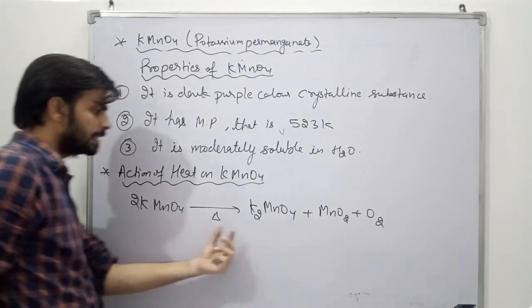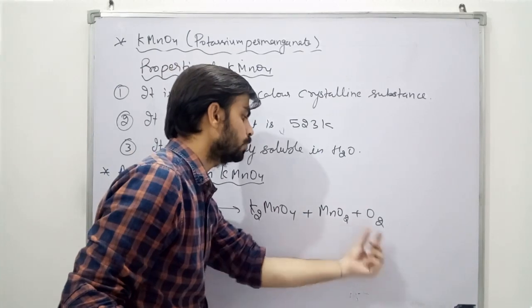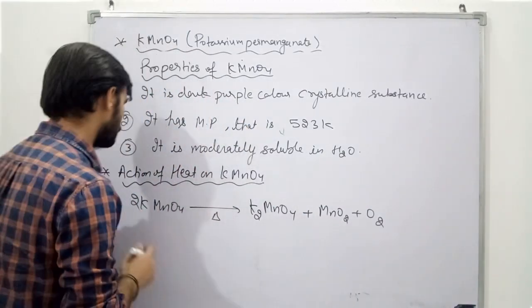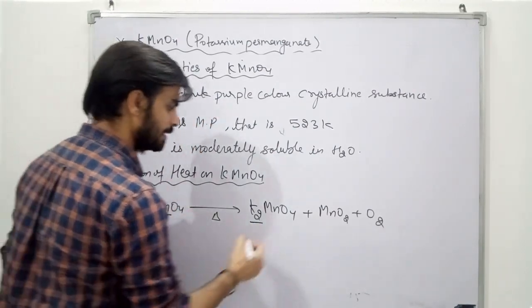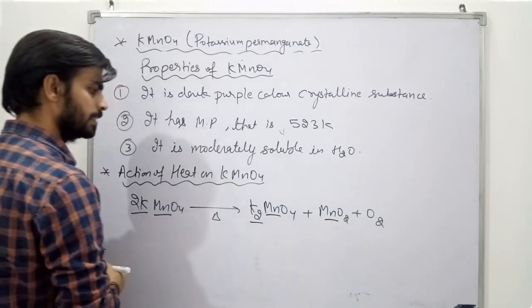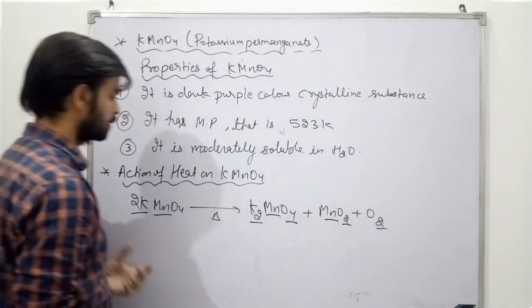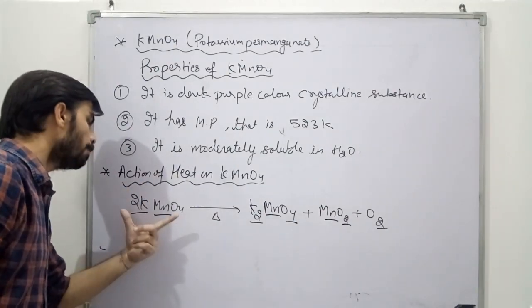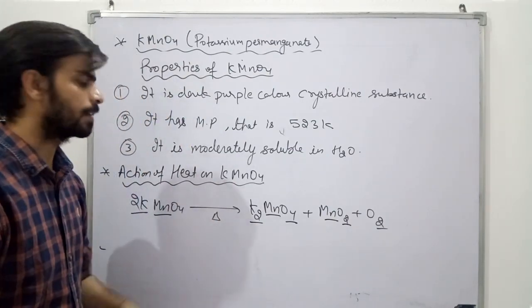KMnO4 is heated, then converted into K2MnO4 plus MnO2 plus O2. Now let's check whether it is balanced or not. Twice K, twice K, twice manganese, 1 plus 1, 2 manganese, oxygen 4 times 2 is 8, 6 plus 2, 8. So it is a balanced equation. So when we heat potassium permanganate, it converts into potassium manganate.